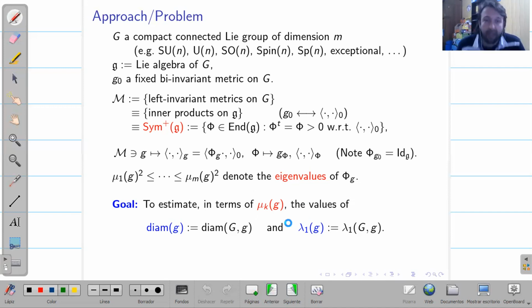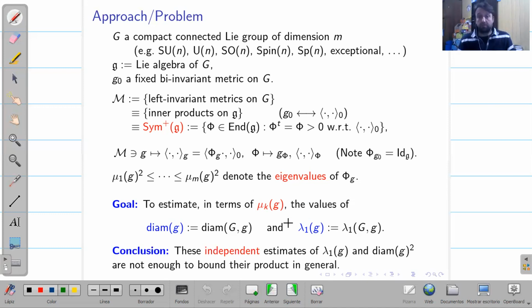This is an extension of the strategy used in the alternative proof for the conjecture for SU(2) and SO(3). And we will obtain that these independent estimates are not going to be sufficient to bound the time the square of this. But we will give some partial answer to the conjecture. So let me proceed.